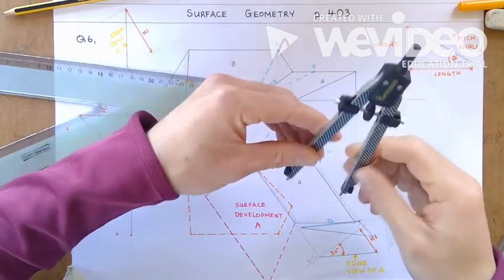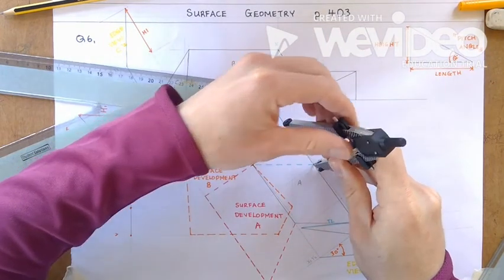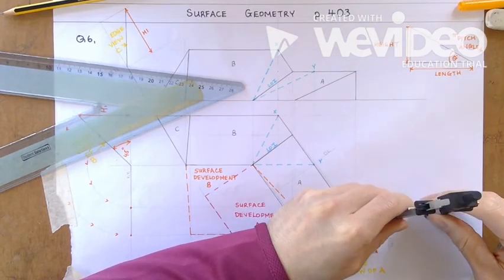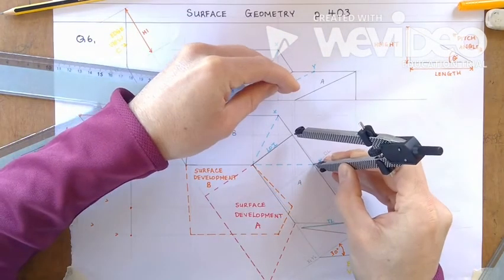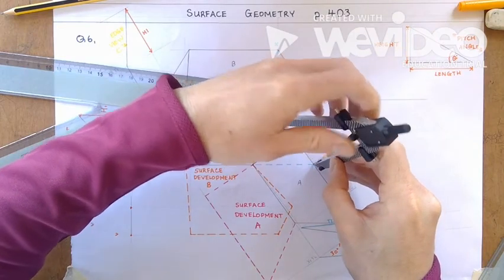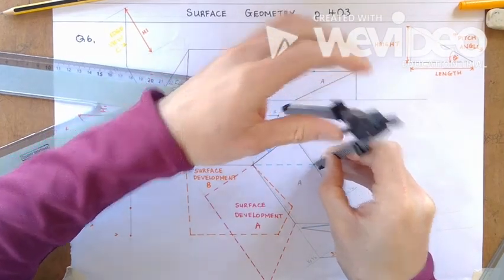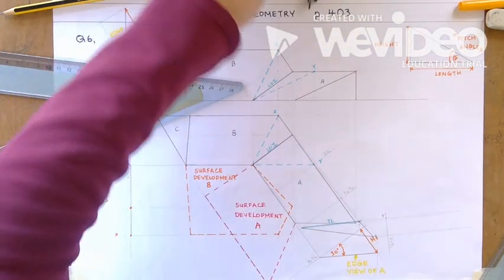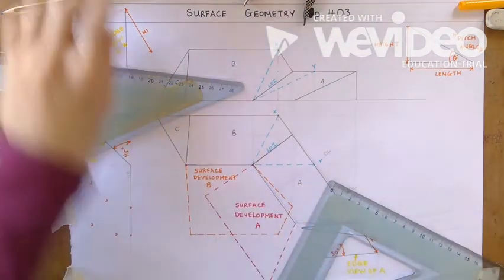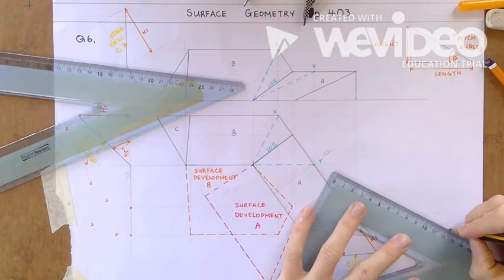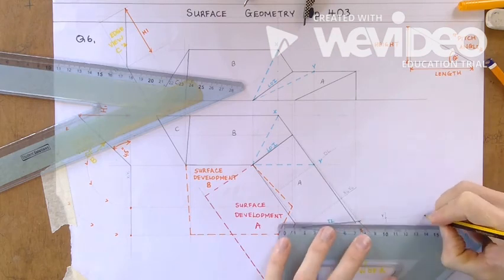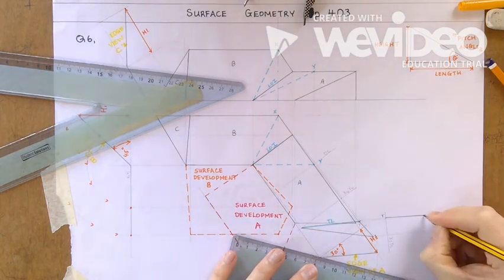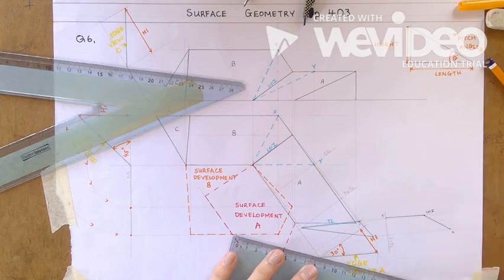Then I need to take the width from the datum line back to my line of intersection. And then I need to take the width back to X. And I mark that there. So join our points up. Point of view of the line of intersection.